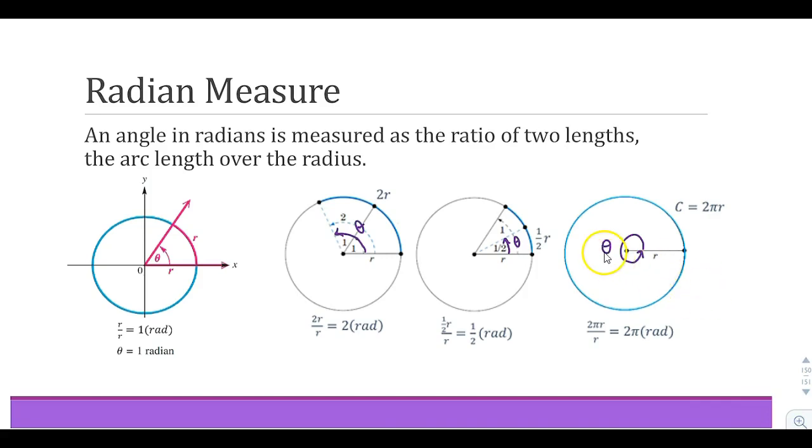So we need the arc length. The arc length is just the circumference of the circle. The circumference is 2 pi r, and we take the circumference over the radius. So 2 pi r over r, the r's cancel, and we get exactly 2 pi radians as the measure of the angle that makes 1 complete revolution.